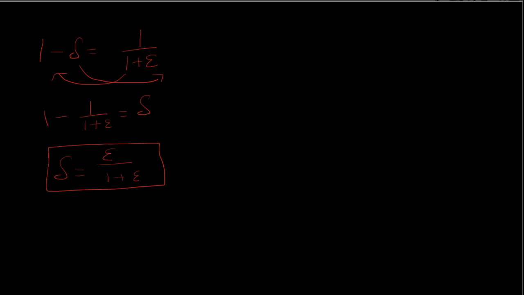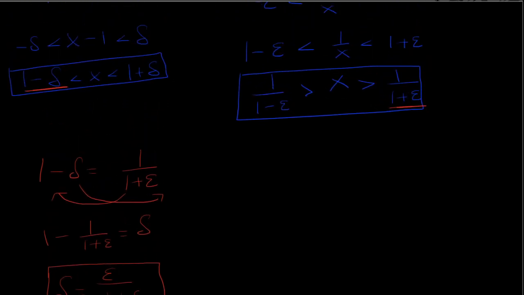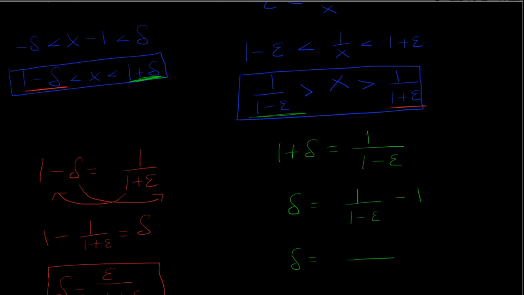The next delta, we want to set the upper bounds equal to each other. So the upper bounds for x. So in other words, 1 plus delta and 1 over 1 minus epsilon. I'm going to subtract by 1. So I have 1 over 1 minus epsilon minus 1. And here when I subtract these, I get 1 minus epsilon at the bottom.